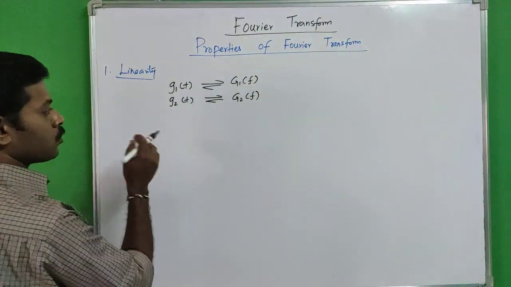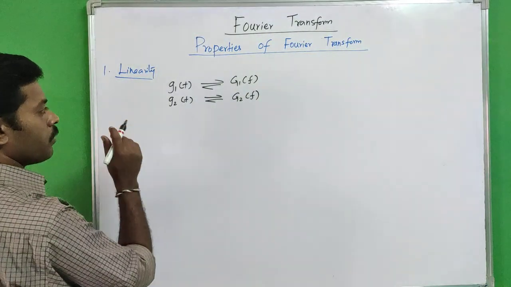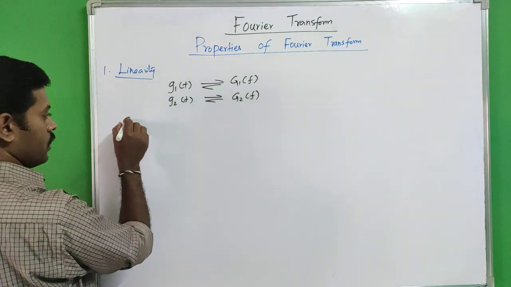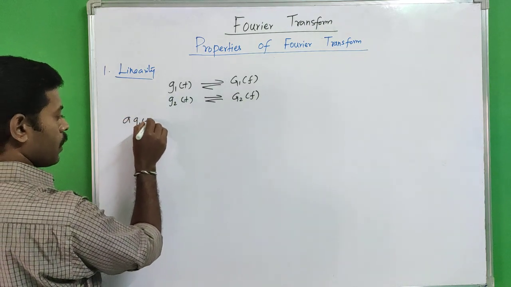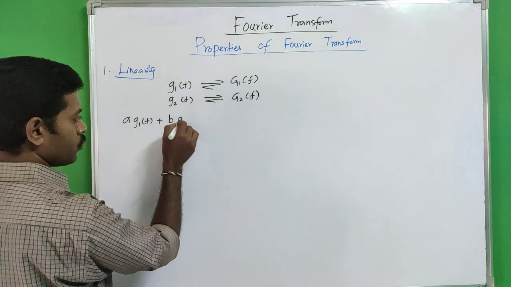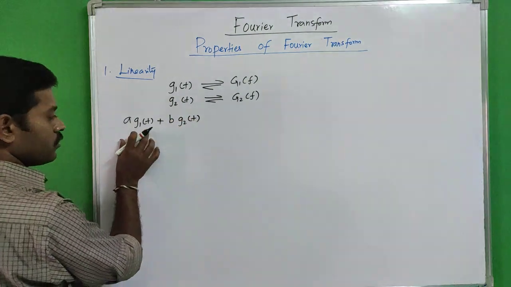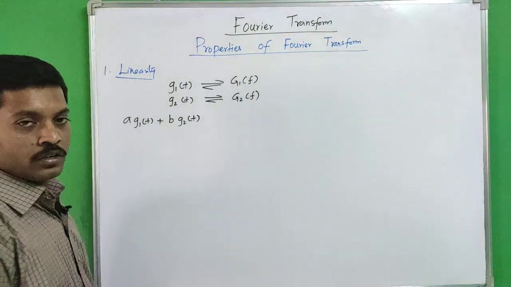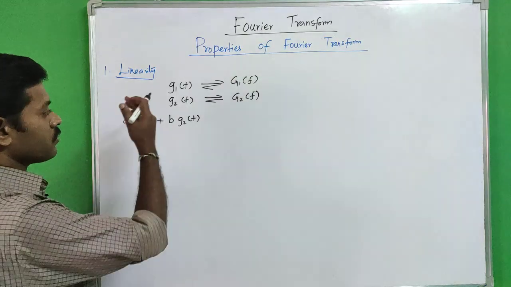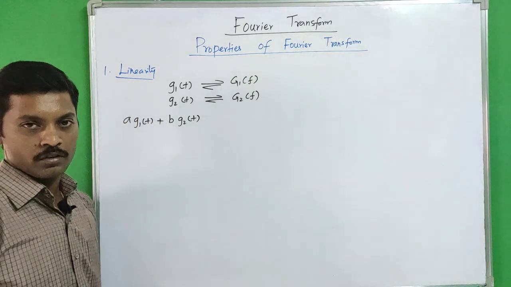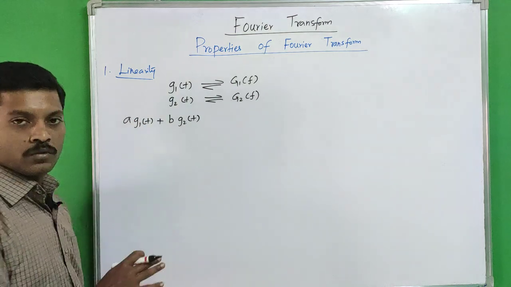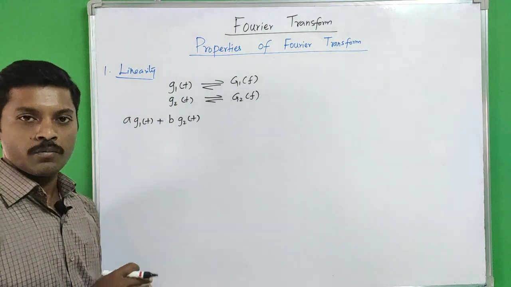Now I am taking two constants a and b. I am multiplying a with g1 of t, a times g1 of t plus b times g2 of t. This is actually the superposition principle. We can call this property the superposition principle also, because it supports both the homogeneous and additive properties.